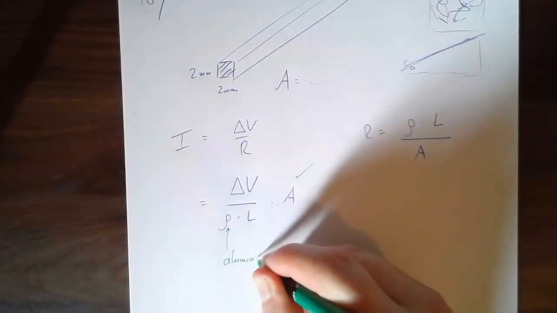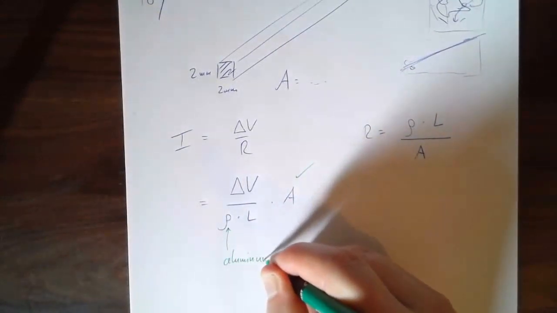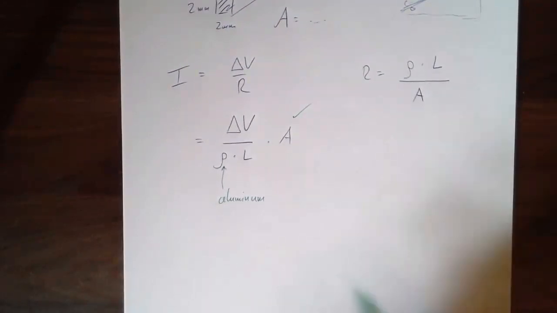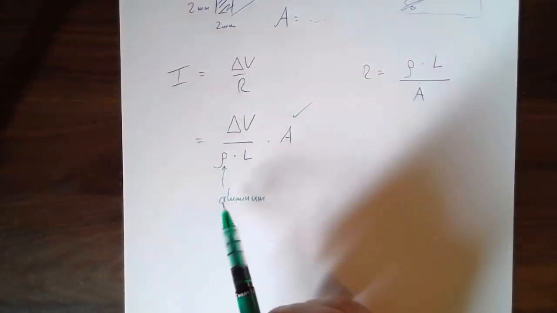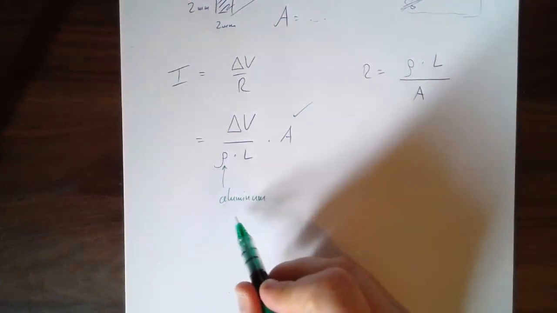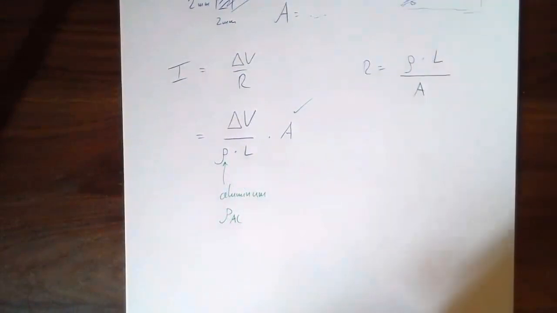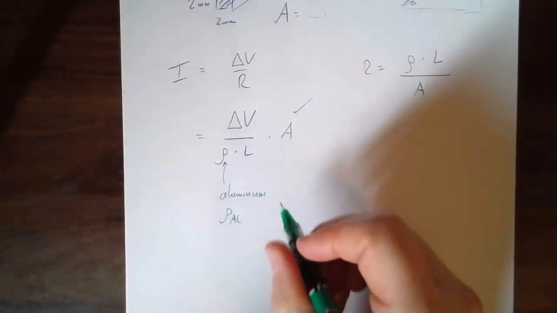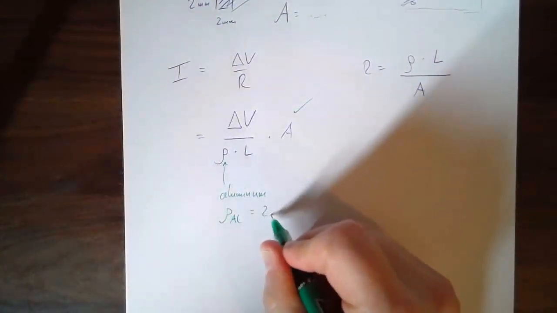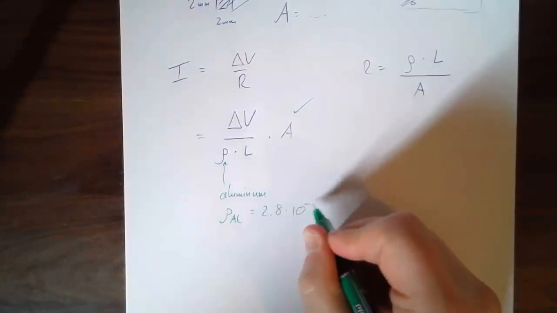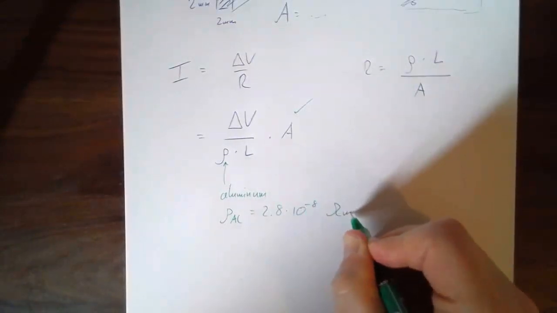So we can look it up. Aluminum, or aluminium, as you call it in other English-speaking countries. This is aluminum, and you can just look up what is the resistivity of aluminum. I can do it for you. It is 2.8 times 10 to the minus 8 ohm meters.